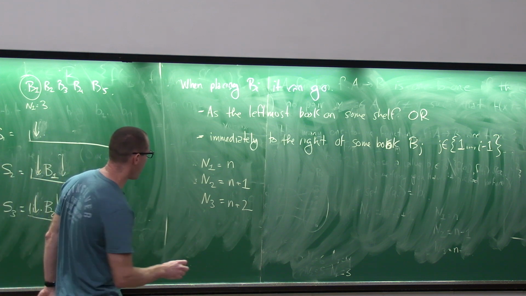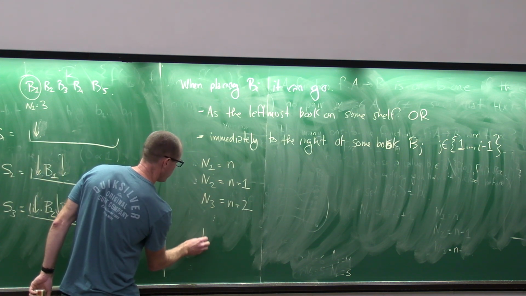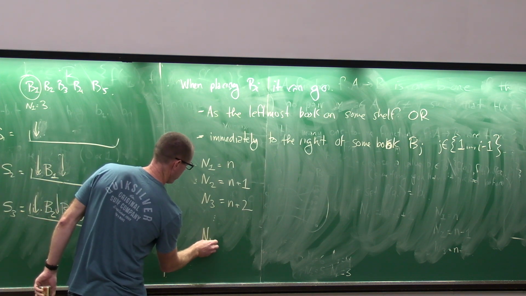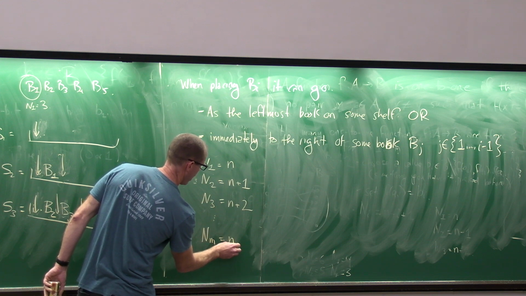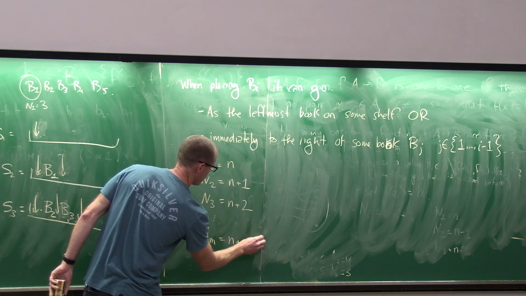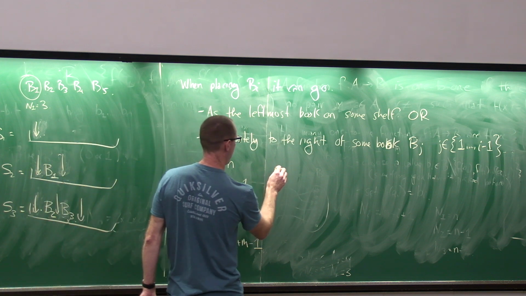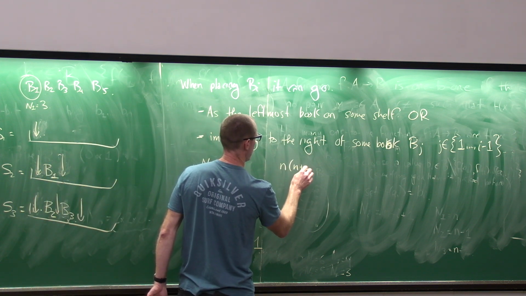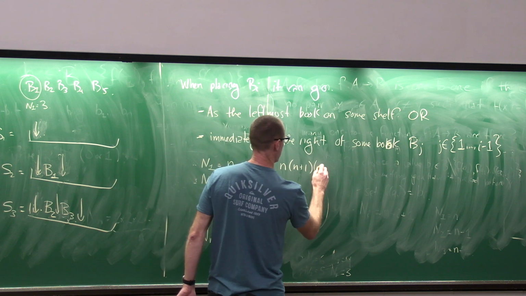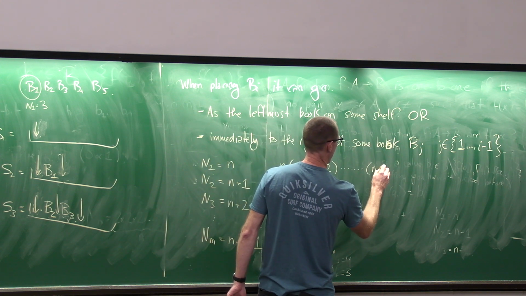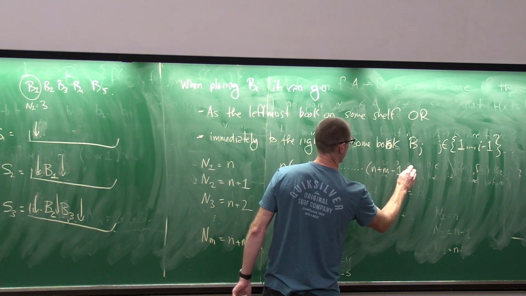So anyway, that's the pattern, and that goes all the way up to the number of books, which is m. So this is n plus m minus 1. So that product rule says n times n plus 1 times n plus 2 all the way up to n plus m minus 1.